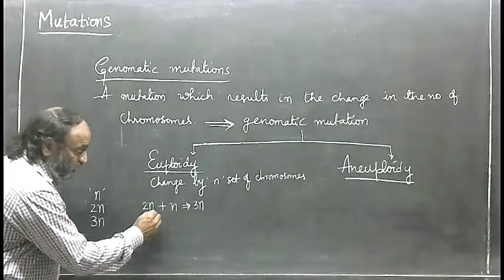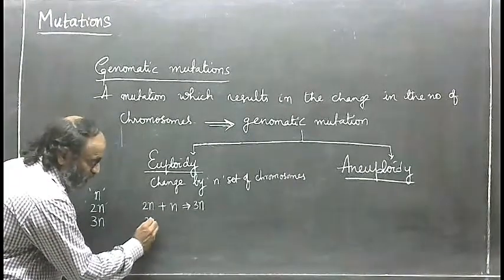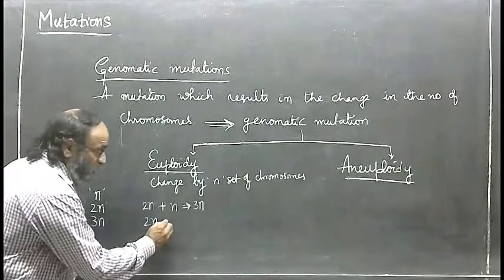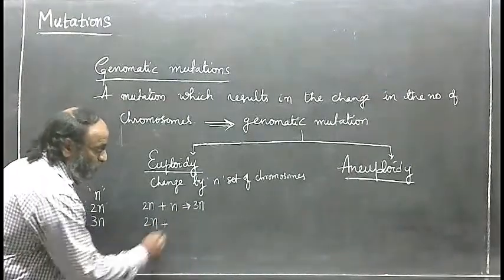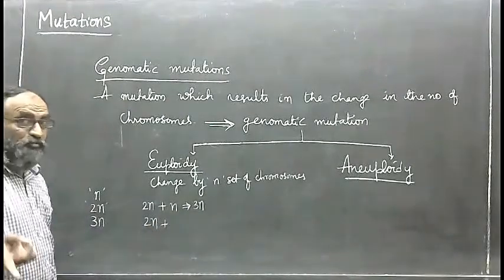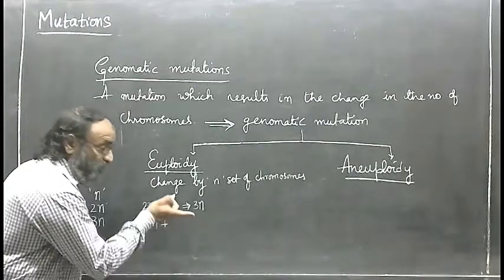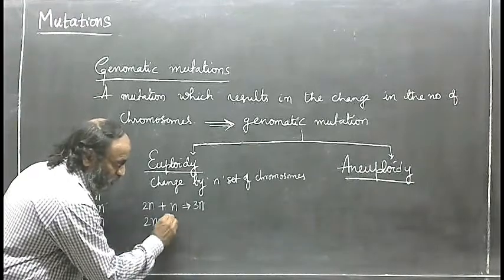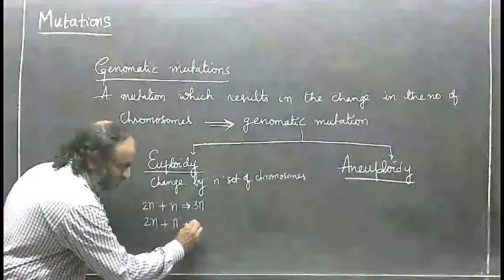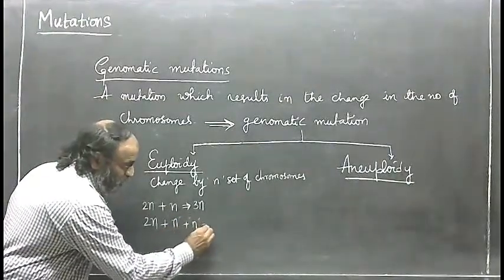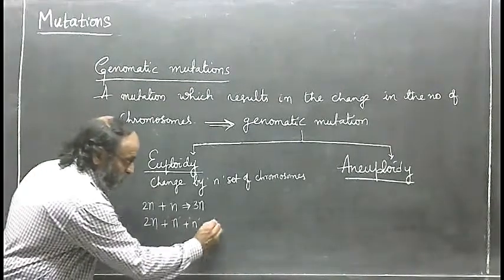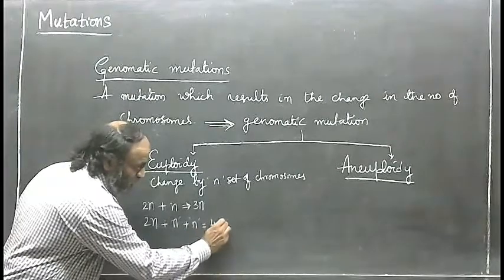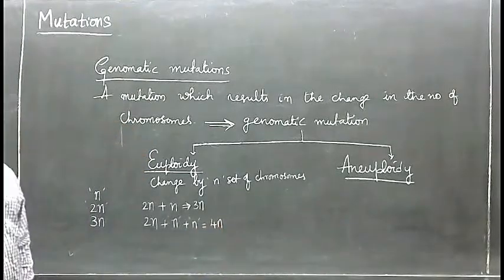Say for example, there is a diploid condition initially. There is change in chromosomal number by n set twice, n set plus n set. It results in 2n plus n plus n, that is a 4n condition. That is a tetraploid.